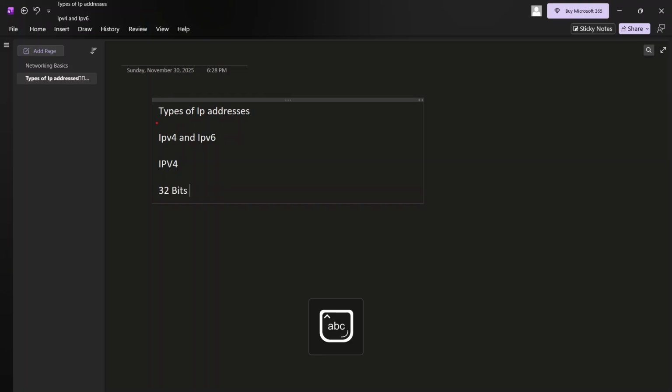Bits means zeros and ones. Don't confuse, okay? Zeros and ones. This format we generally call binary format. So what we need to understand is that these 32 bits are divided into 4 octets in IPv4.